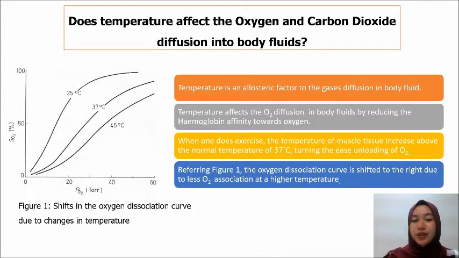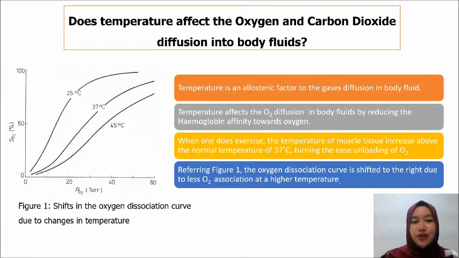Next, I would like to present a question. Does the temperature affect the carbon dioxide and oxygen diffusion into the body fluids? Basically, temperature will affect the diffusion by reducing the hemoglobin affinity towards the oxygen. For example, when one exercises, the muscle tissue will increase in temperature, so the higher the temperature, the easier the unloading of oxygen.